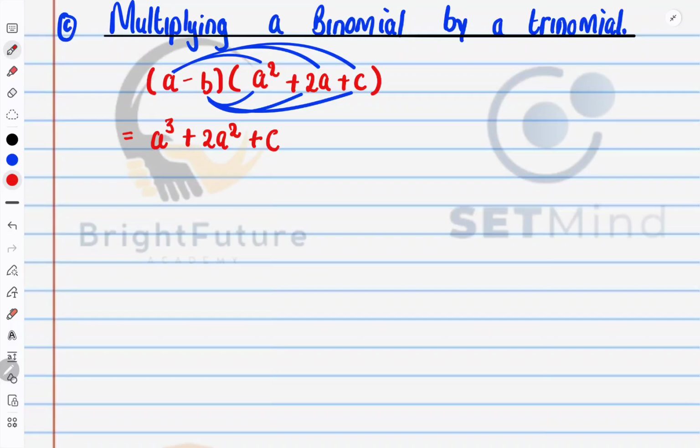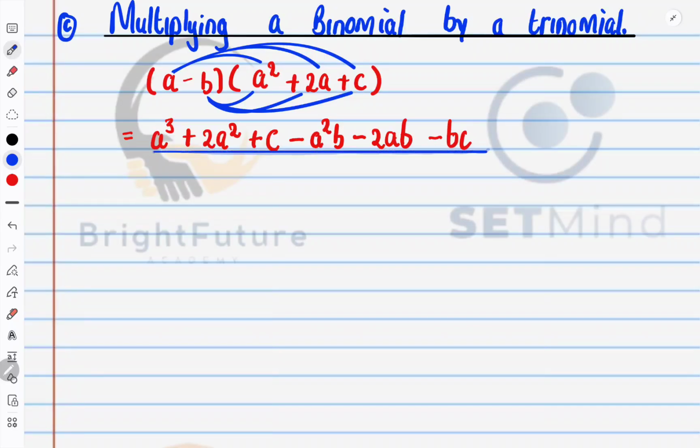Negative b times a squared will be negative a squared b, negative b multiplied by 2a will be negative 2ab, and lastly negative b by c will be negative bc.